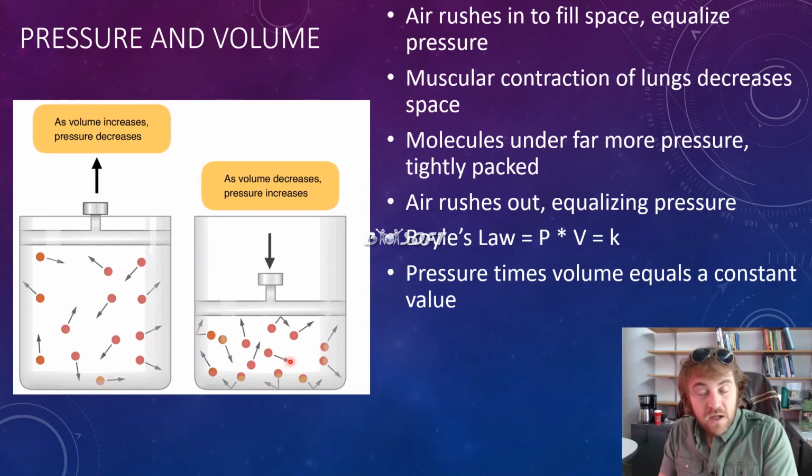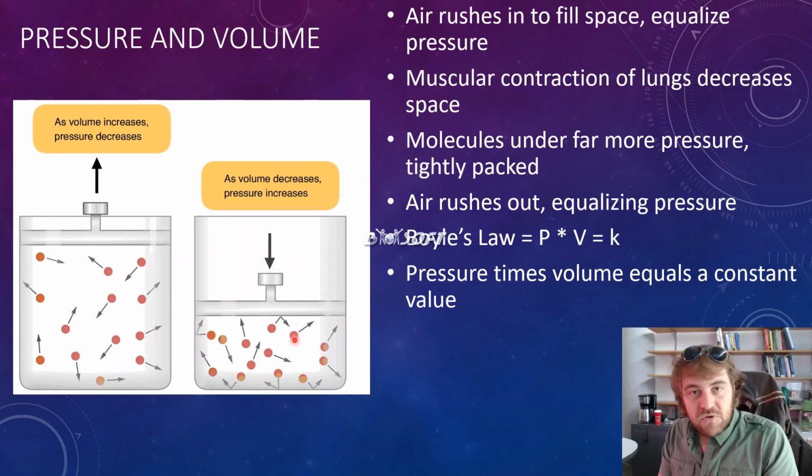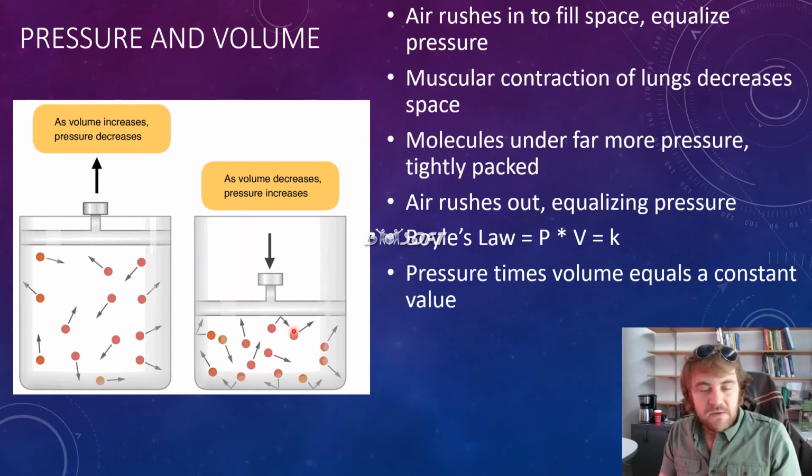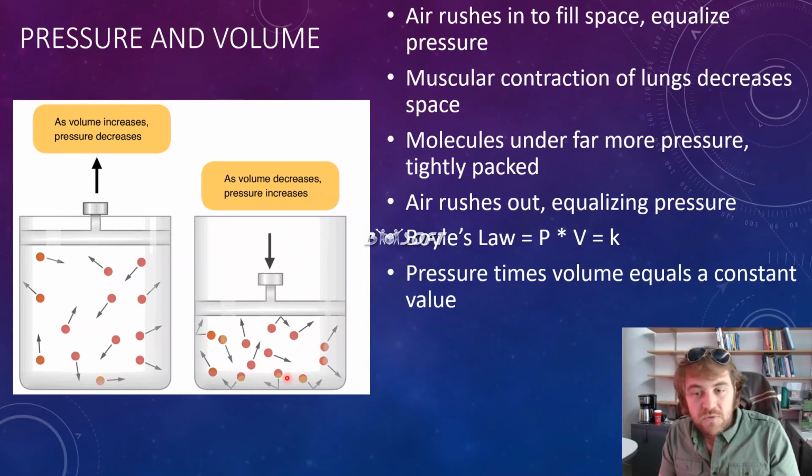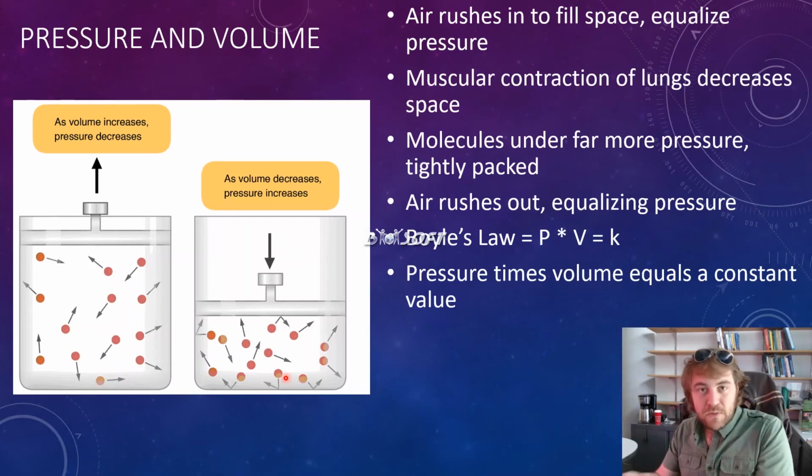So now the constant is 6. It's always 6. So now pressure is 3. So you can see that pressure has increased here. If we pushed it even more down to just 1 unit instead of 2, well, pressure would be 6 because the constant is always 6, right?